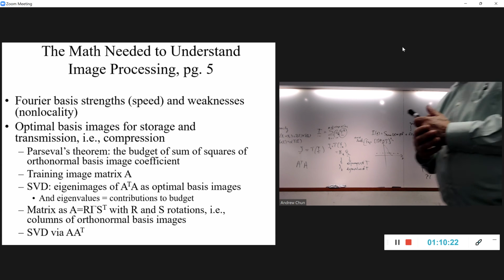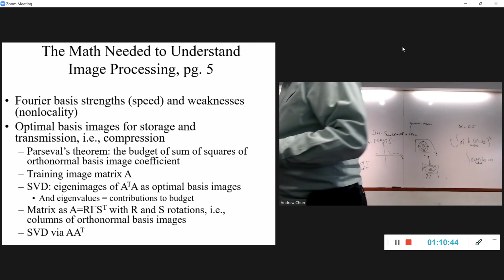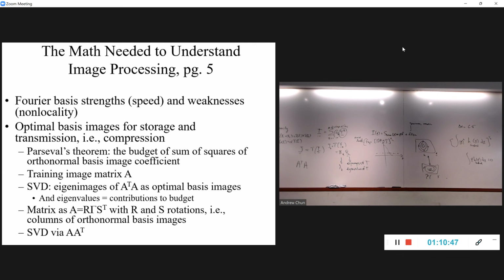One of them is Parseval's theorem, that no matter what set of orthonormal basis images you use, the sum of the squares of the coefficients AK is the same. Okay, and so it's kind of a budget. And then this eigenanalysis of A transpose A is what you need to get your best spending plan.